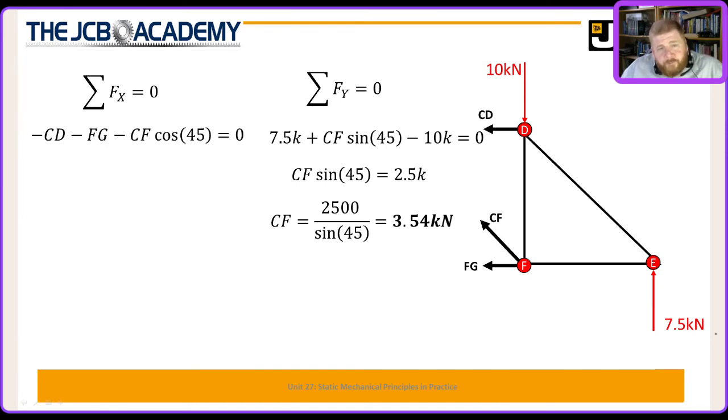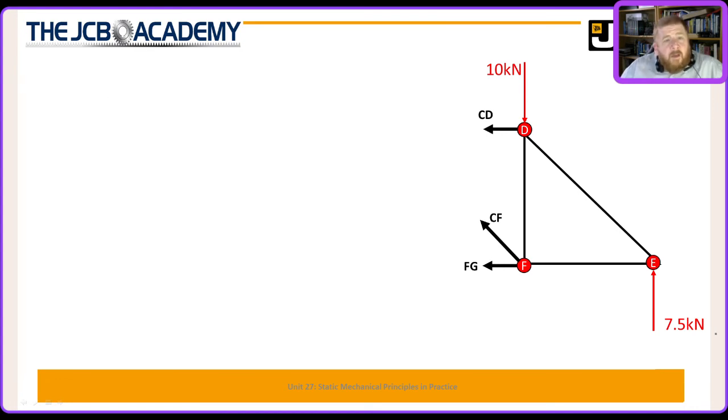Once again, we'll now take moments about E this time. What's interesting here is FG is in line with E. The horizontal component of CF is in line with E, so the horizontal component of CF has no job in this calculation.